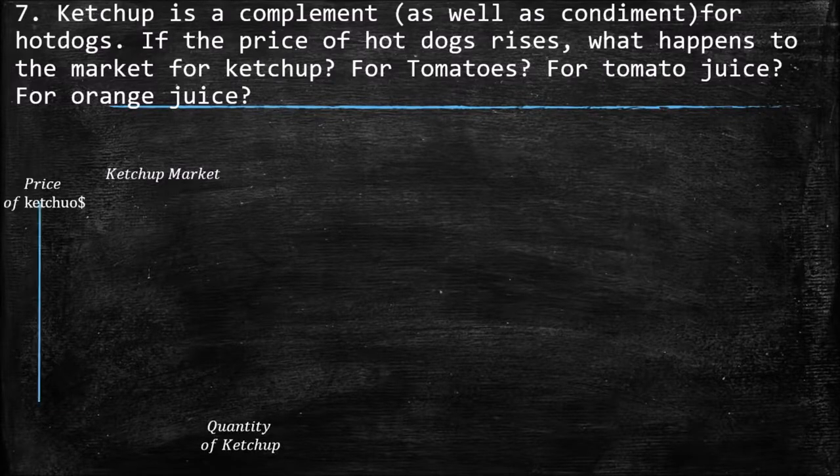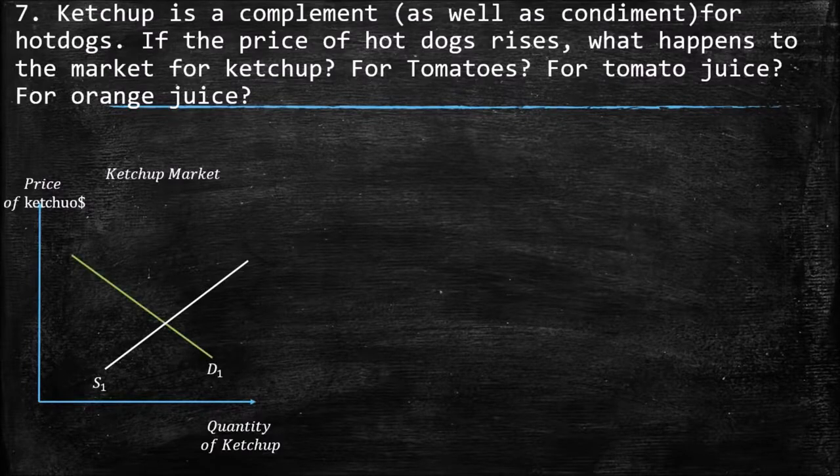Here we have in the X axis the quantity of ketchup, and in the y-axis the price of ketchup. So here we have the initial condition, but imagine that the price of hot dog rises. So what does it mean?